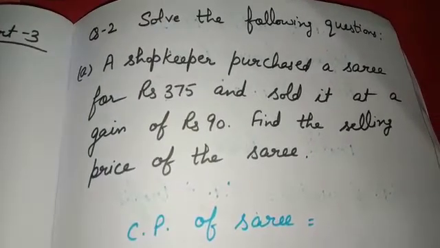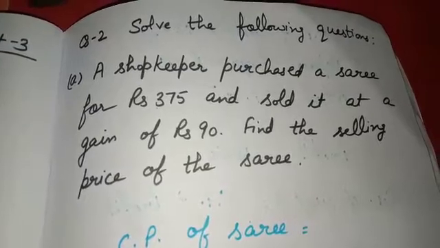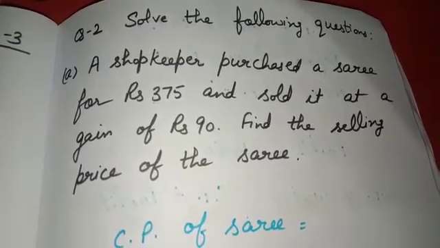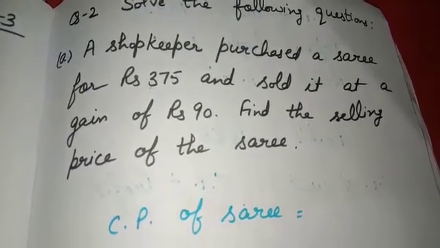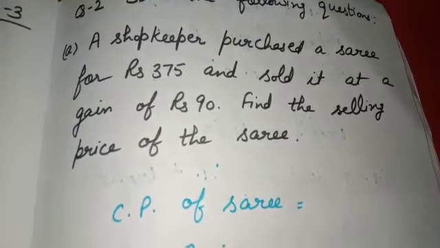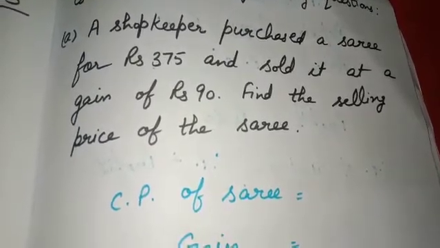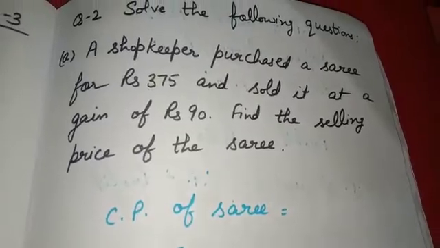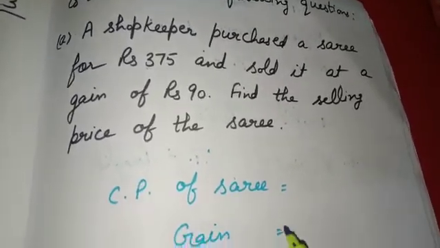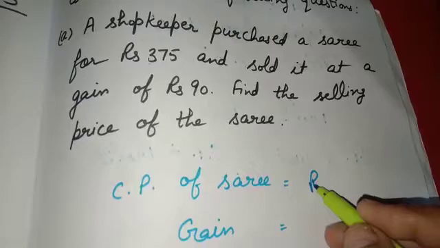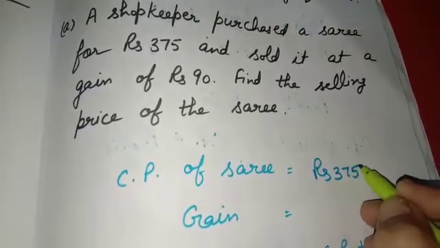Now come to question number 2. Solve the following questions. A part: a shopkeeper purchased a sari for rupees 375 and sold it at a gain of rupees 90. Find the selling price of the sari. Purchased means cost price of the sari is given, rupees 375.